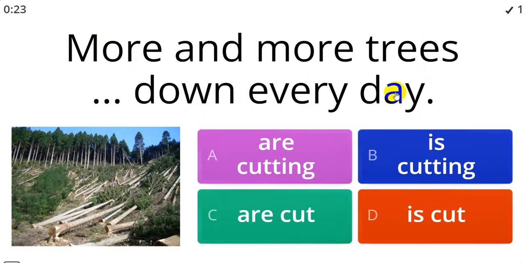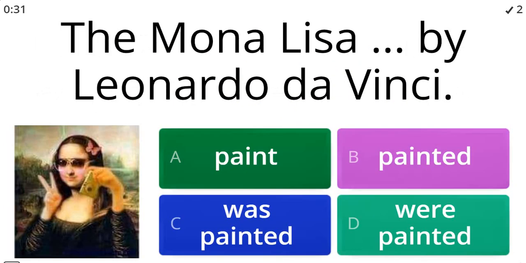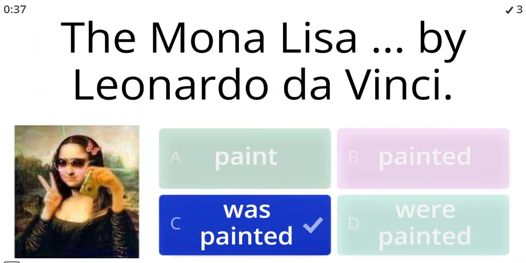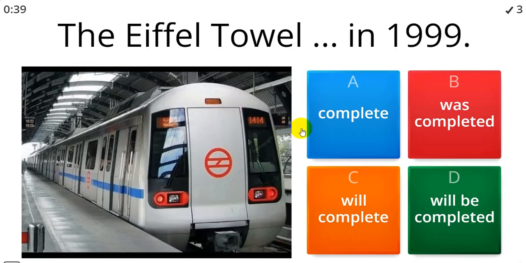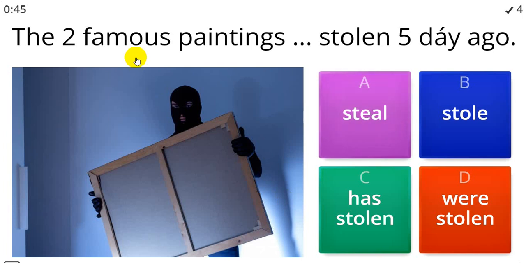More and more trees are cut down every day in the present simple. Okay, are cut. Yeah. Next, the Mona Lisa was painted by. Two famous paintings were stolen.